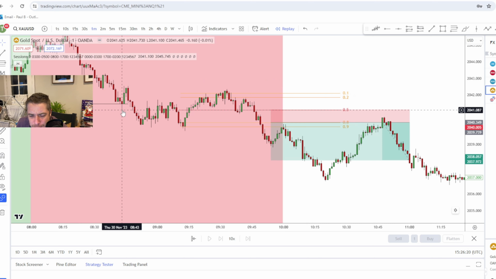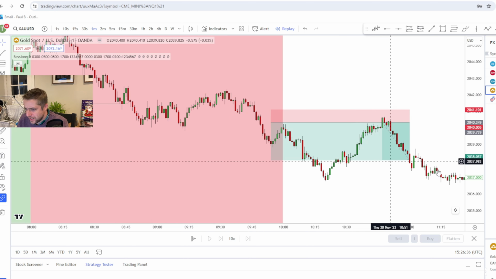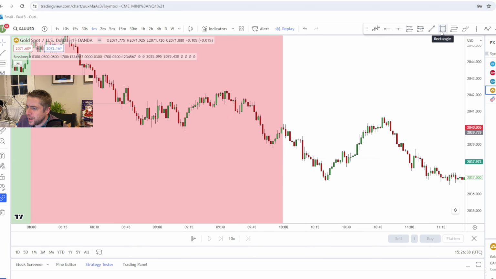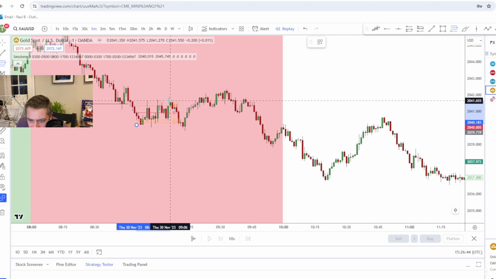So we traded below. We haven't run any liquidity yet. We trade lower. That's a run on liquidity there. And we trade lower there. Right, let me redo this. I think that it will be from there to there.